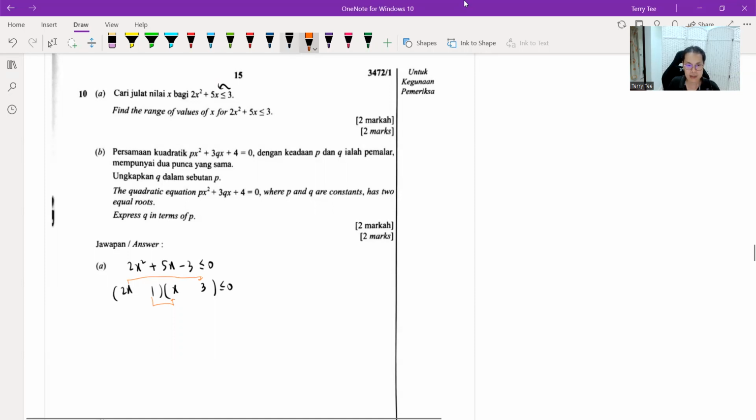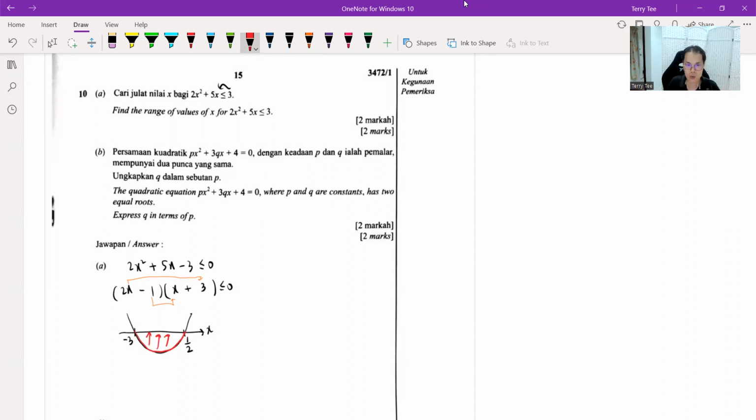So we do a sketch. For a quadratic inequality, normally we draw a graph to find the range of values of x. In this case the roots are -3 and 1/2. Less than or equal to 0 means the region below. Remember, more than 0 is the two sides above, less than 0 is the region below.